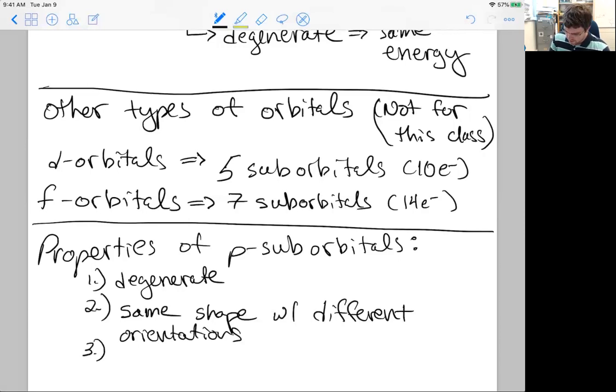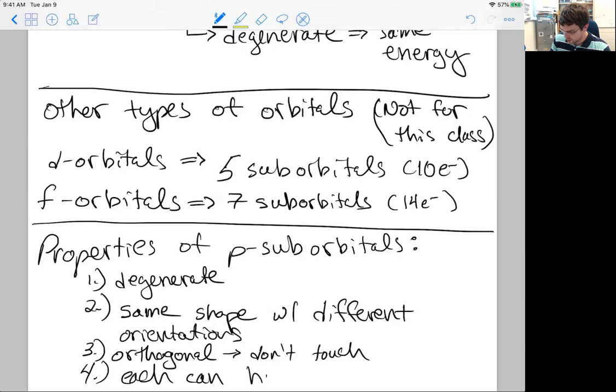Number 3, they're what's called orthogonal. Our math types in the class will recognize that word. For us, let's just suffice it to say they don't touch each other. Number 4, the most important thing is that each can hold 2 electrons.